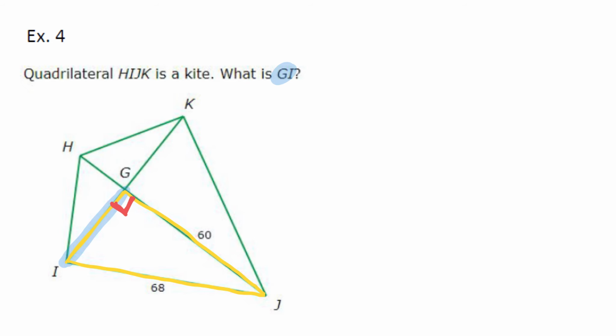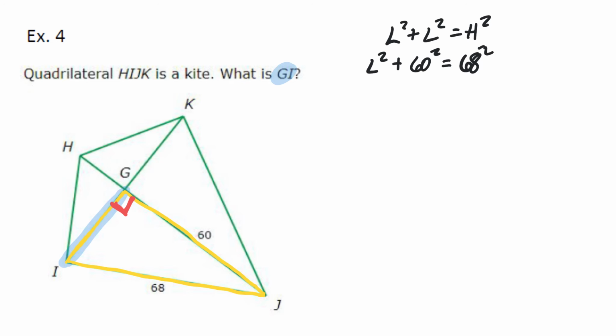So we have a right triangle here, and again, we have the similar aspects here. We are going to use the Pythagorean theorem. And keep in mind the parts that you have. We have the hypotenuse of 68. We have a leg of 60. And we have an unknown leg, which is GI, which is what we're looking for.